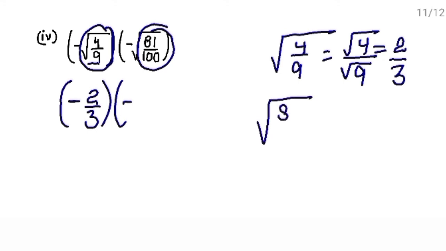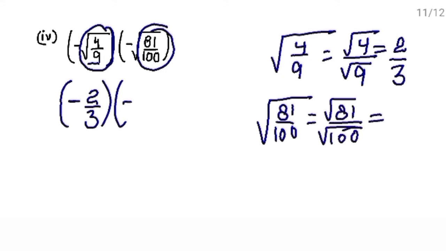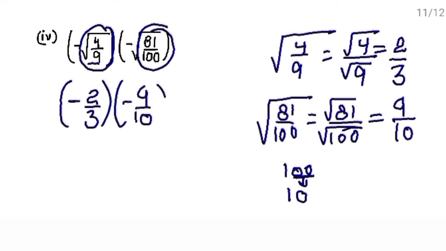Square root of 81 upon 100. It means square root of 81 upon square root of 100. Square root of 81 is 9, 9 9s are 81, ना, so square root will be 9. 100 में आपको पता ही है, जब 1 हो और 0s हो तो 0 का pair बना दो, and pair में से एक 0 ले लो, it will be 10. So this is 9 upon 10.